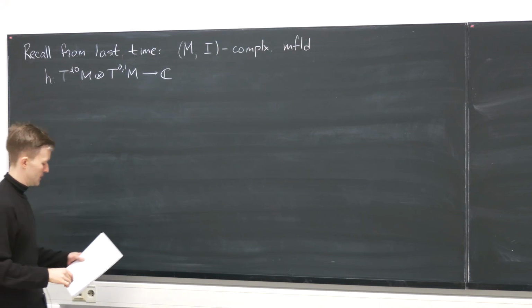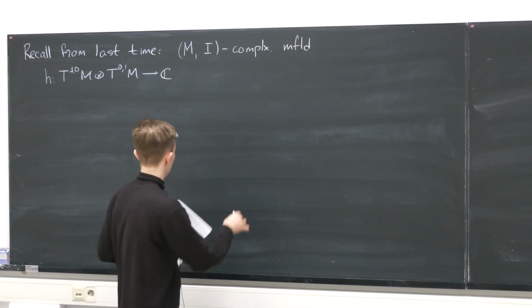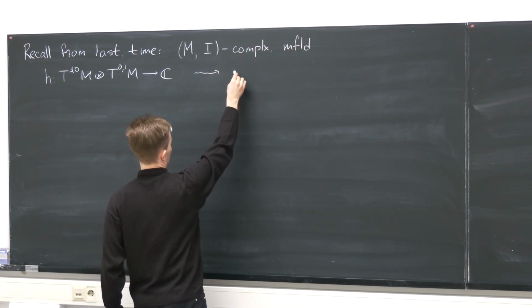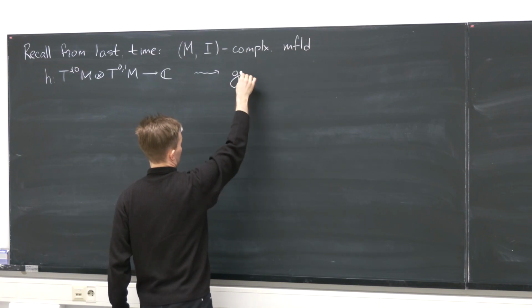And then we have two things. From here we obtain a Riemannian metric.